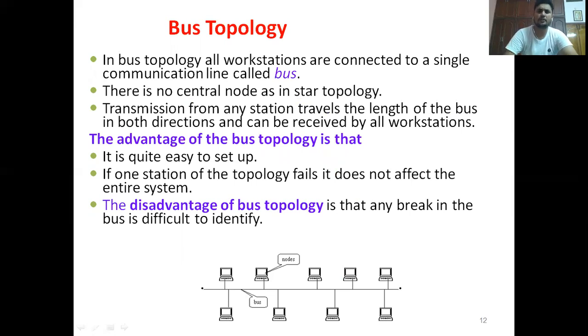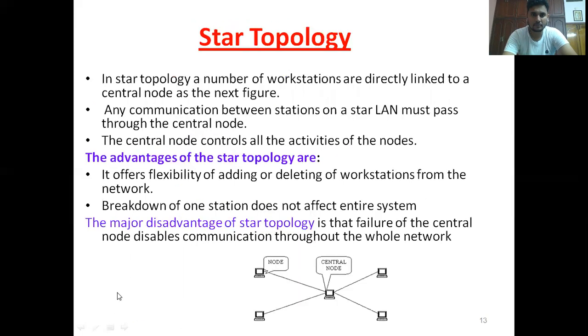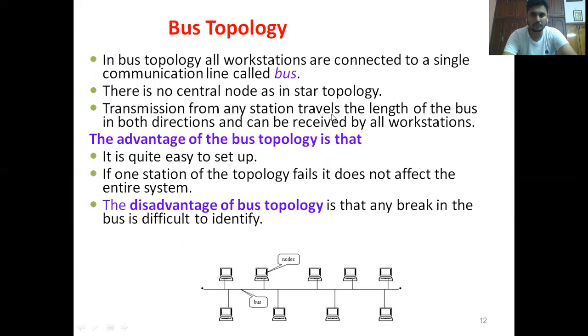Every topology has its advantages and disadvantages, which we discussed in video number 2. Bus topology is a very easy topology. Here the nodes, the devices, are connected in this way. These are the devices connected to a bus.